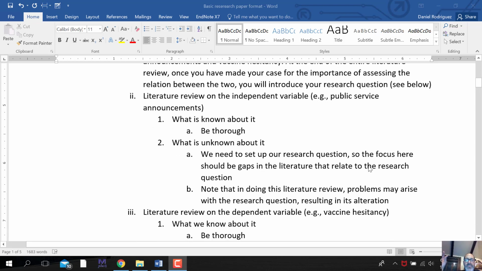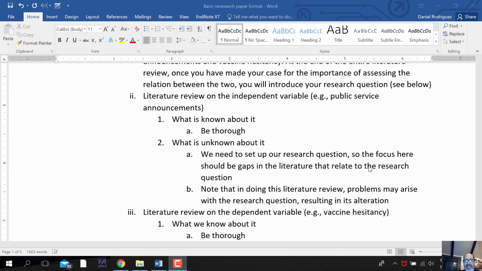So as you do your literature review, you want to break it down into your variables. Every study has variables. For instance, if we're looking at the impact of public service announcements on vaccine hesitancy, we can call our public service announcement variable the independent variable, and our vaccine hesitancy variable the dependent variable.